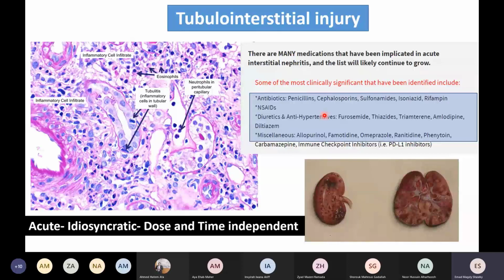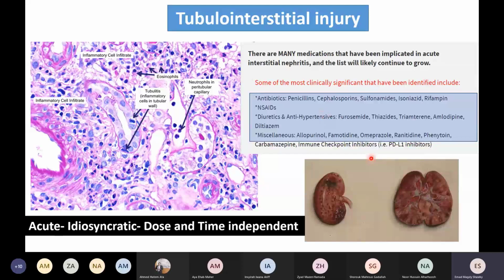Number two, prescribing a drug should be justified, with a high indication and high benefit for the patient, because if you encounter this problem with your patient and you prescribed a drug from the start on no basis, you will be blamed. But if you prescribe the drug for the benefit of the patient under a guideline or a justification, you can defend yourself that you were justified to prescribe this drug, but it is hypersensitivity and you cannot guarantee against hypersensitivity from any drug. But if the drug was not indicated from the start, the situation will be very painful.